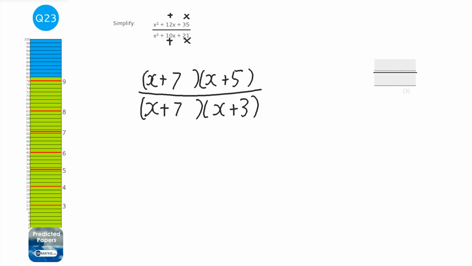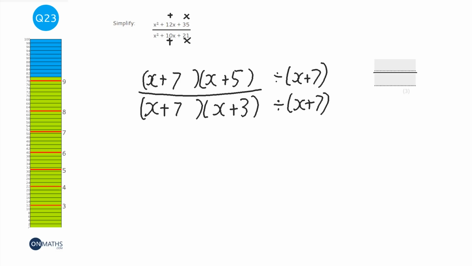So all I need to do is divide top and bottom by x plus 7. And what that does is just gets rid of that and gets rid of that. The fraction stayed the same, but now it's x plus 5 over x plus 3.